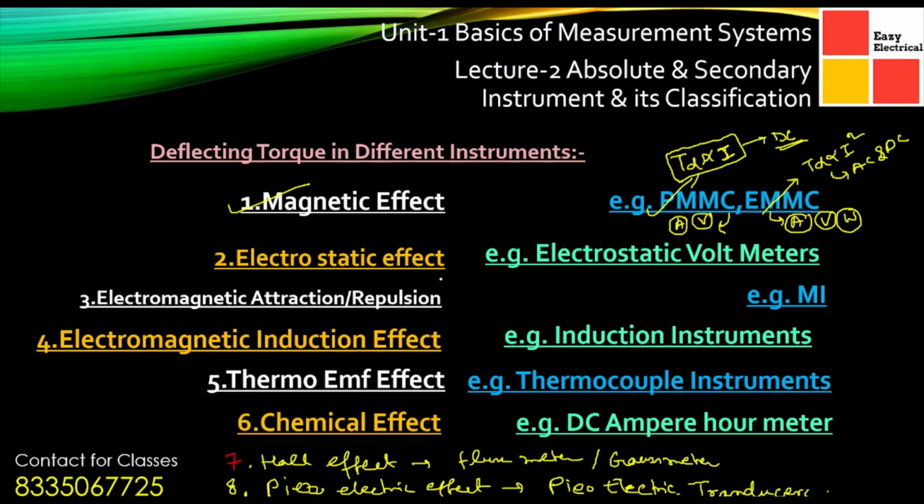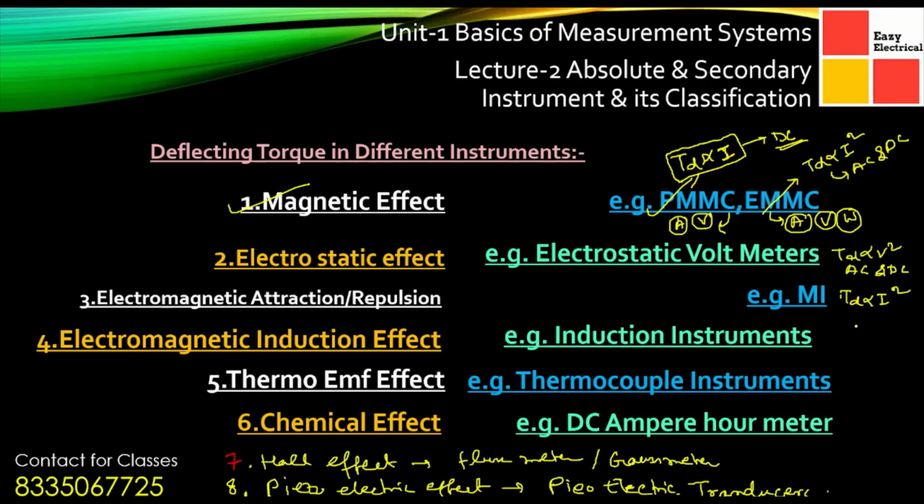For an electrostatic voltmeter, the deflecting torque is proportional to V square, the square of the supply voltage given, and it is applicable for AC as well as DC. For the electromagnetic instrument, that is the MI type instrument, the deflecting torque is proportional to current square.